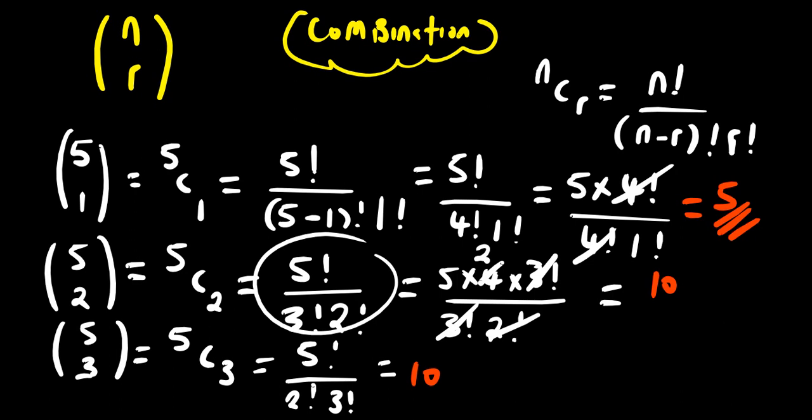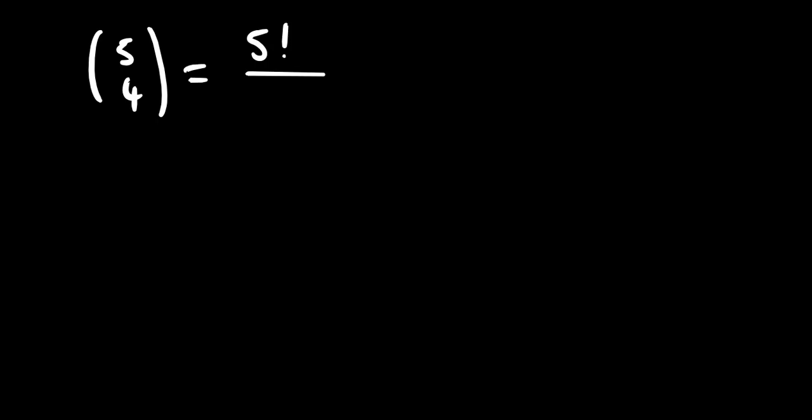Let's solve the last one. The last one is 5 combination 4. So 5 combination 4 will be 5 factorial over 5 minus 4, that is just 1. So I have 1 factorial multiplied by 4 factorial.